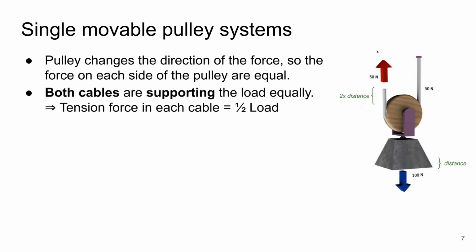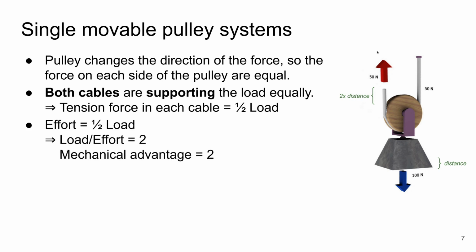And because both cables on each side of the pulley are supporting the load equally, the tension force in each cable is equal to half that of the load. Therefore, the effort equals half the load. And if we transpose this equation to load divided by effort, we get 2. And load divided by effort is the mechanical advantage. Hence, mechanical advantage is equal to 2.